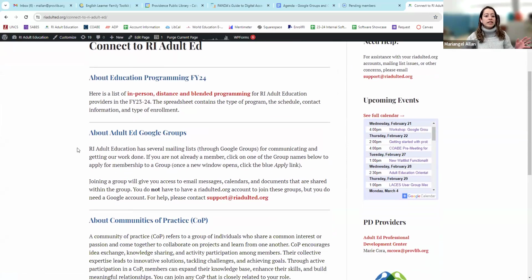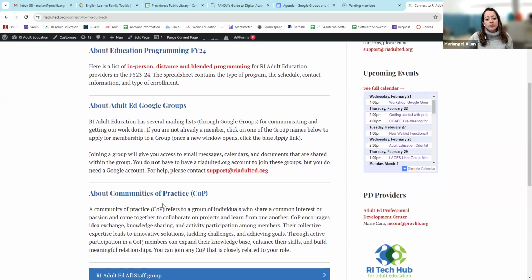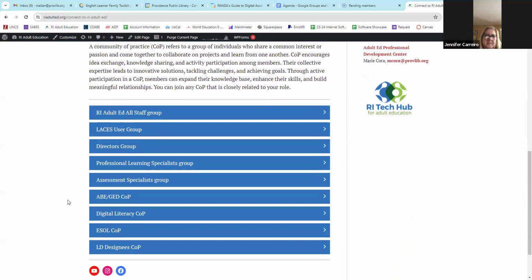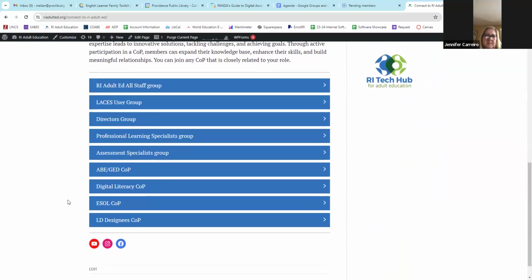It'll give you a little bit of an explanation too, if you would like to refresh what Adult Ed Google Groups and communities of practice are about. The way they're organized also tells you which ones are groups and which ones are communities of practice. The first 5 are groups.